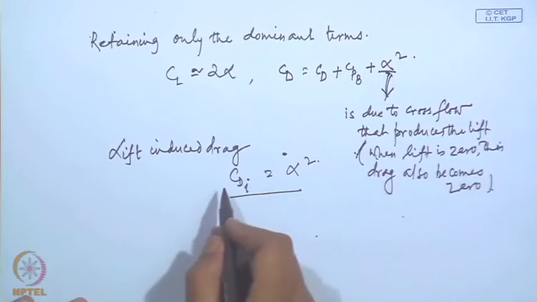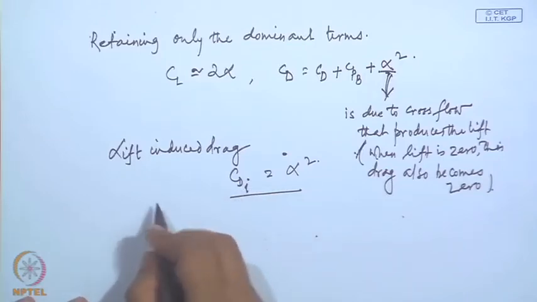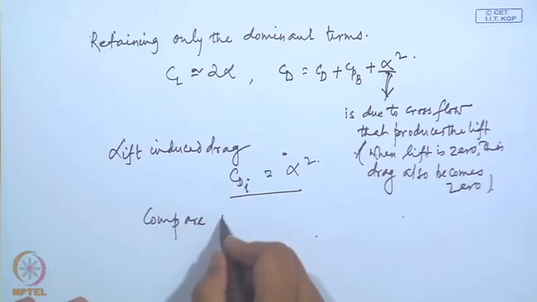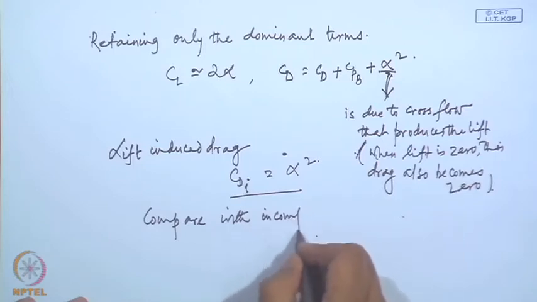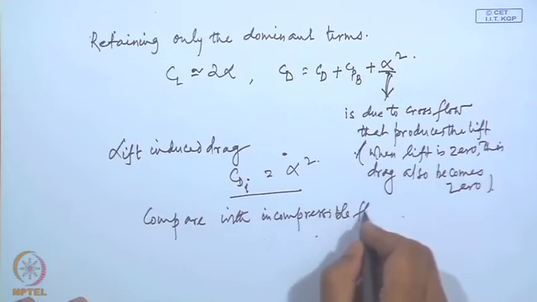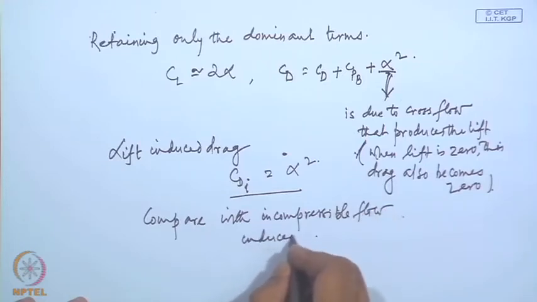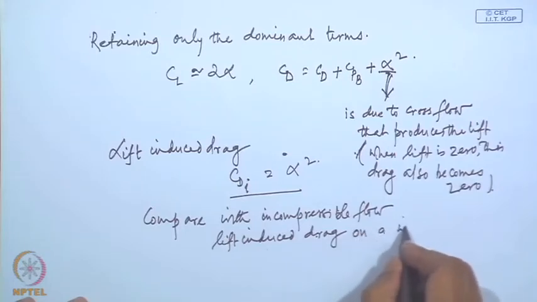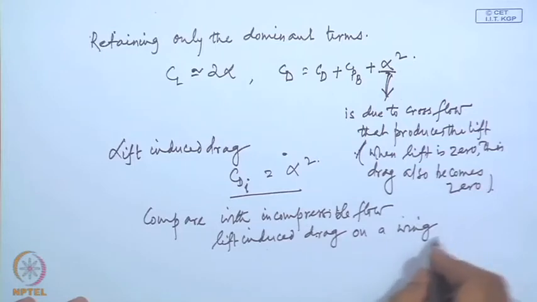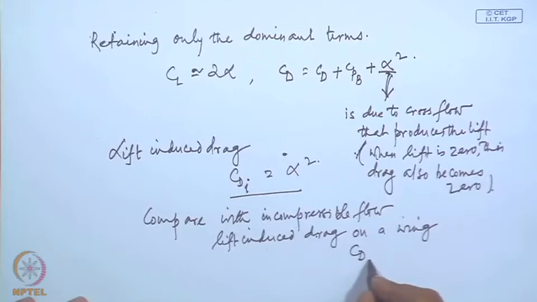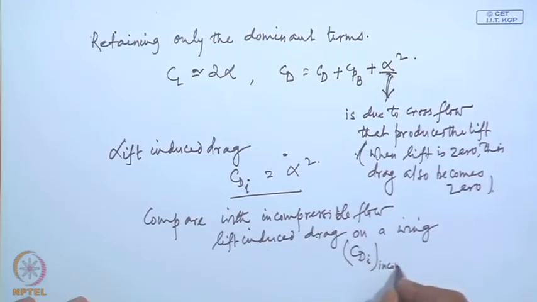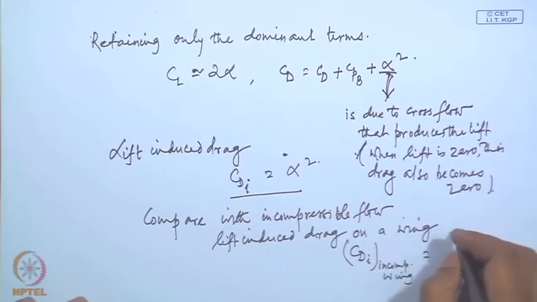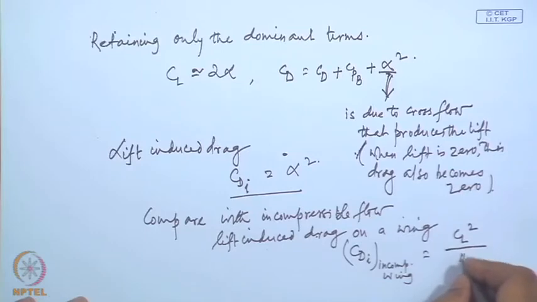And if we compare this with the incompressible flow, for an incompressible wing, the induced drag coefficient is C L square by pi times aspect ratio, where this is the wing aspect ratio.